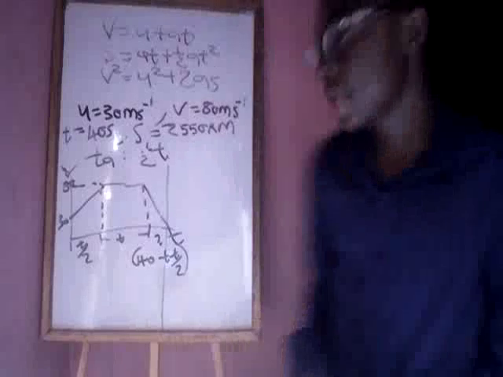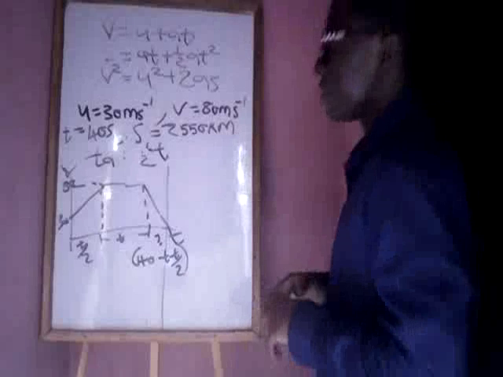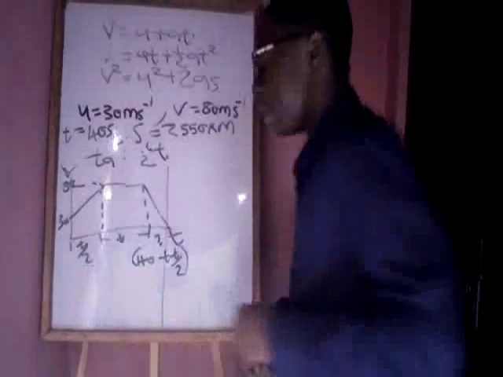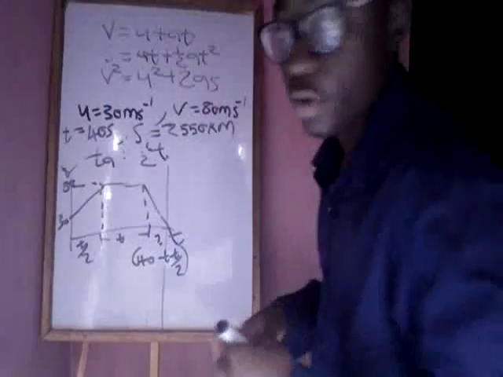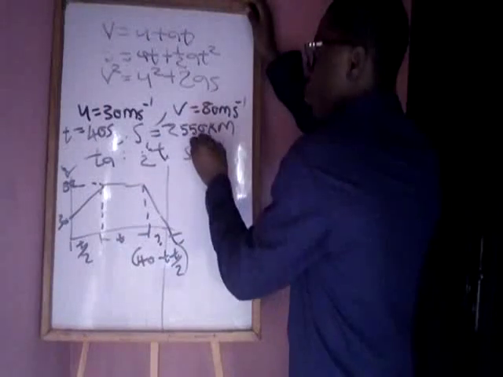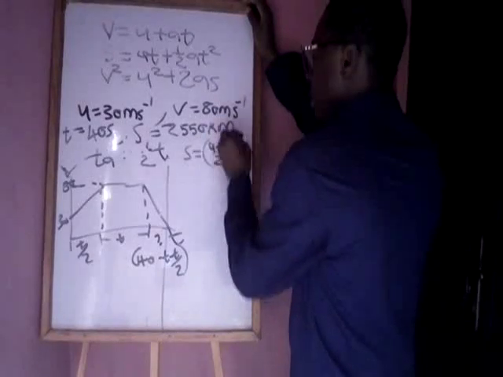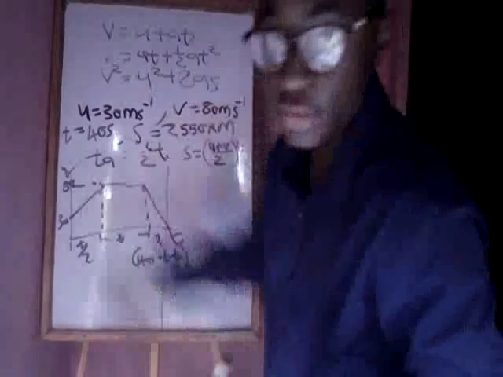We're looking for the acceleration, so let's look at different points in this journey. There's a fourth equation of motion which you can use for solving this: S equals (u plus v) over 2 times t. We can use this for regions like this.